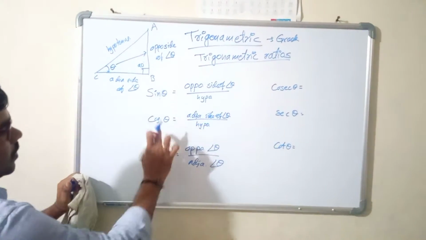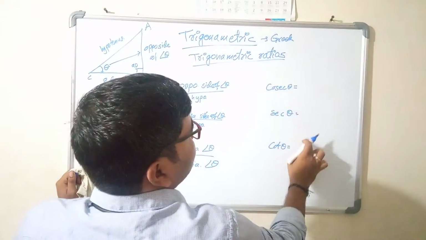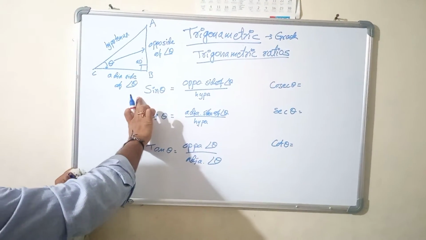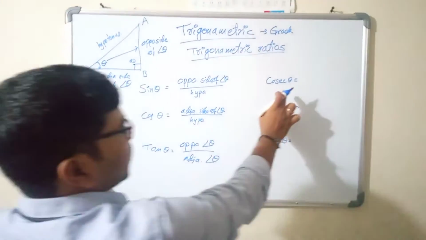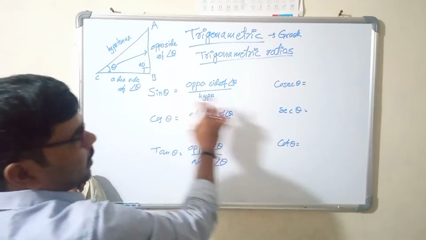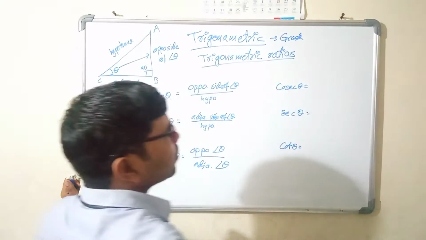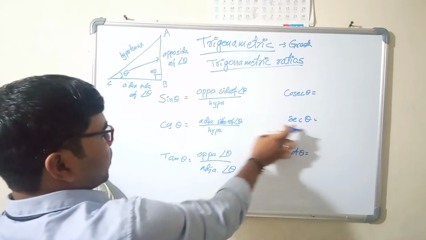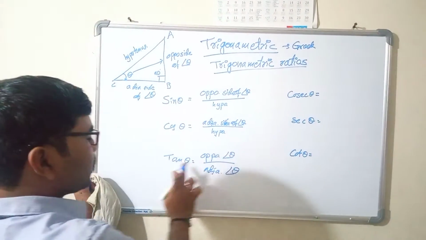Next, these three ratios are the reciprocals of those three ratios. Reciprocal means inverse. Cosec theta is the reciprocal of sin theta. Secant theta is the reciprocal of cos theta. Cot theta is the reciprocal of tan theta.